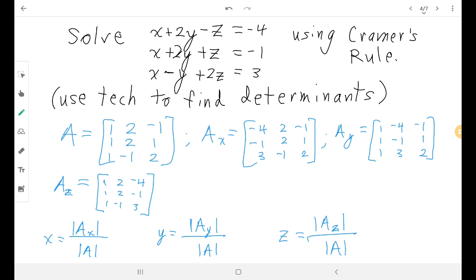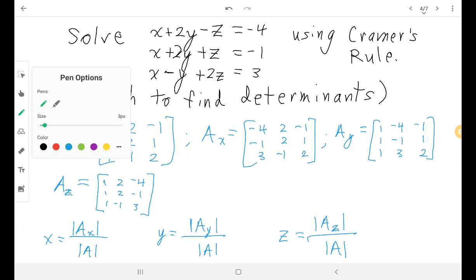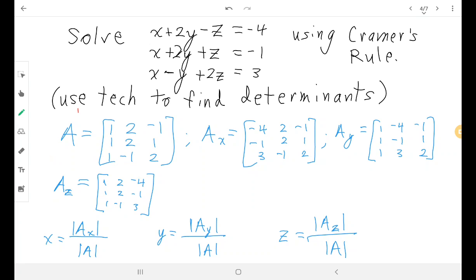And I'm going to use technology to do this, and the technology that I'm going to use is meta-calculator.com.